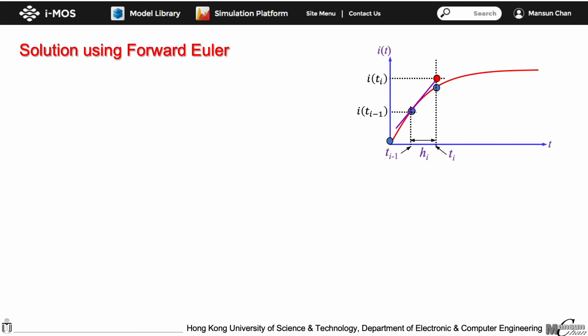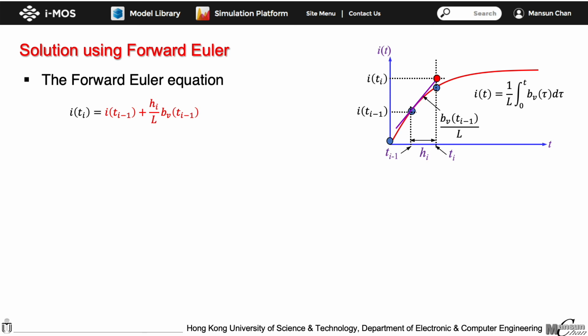We will again start with the forward Euler integration method. The target function in this case is the current, and the derivative is the branch voltage, as shown in the figure here. Following the forward Euler equations, the current at time ti is given by this equation.